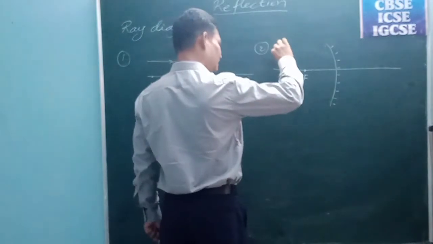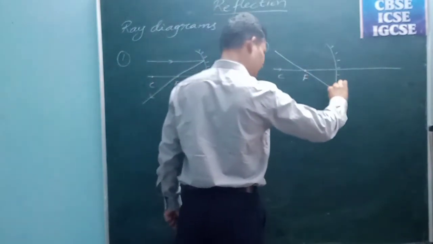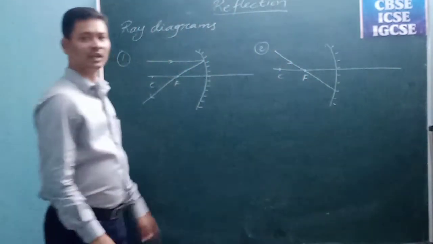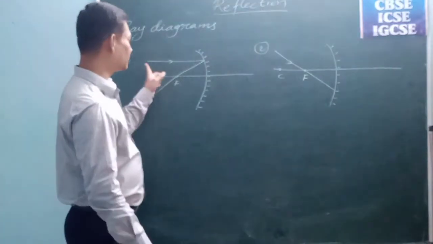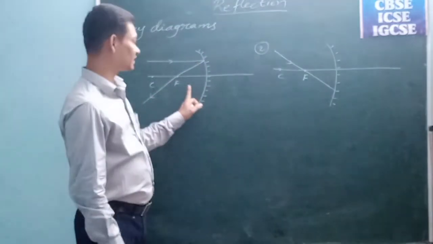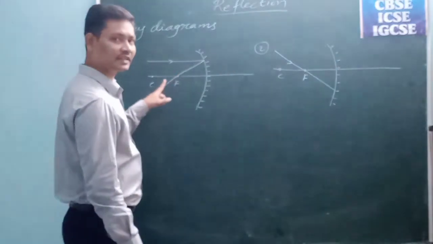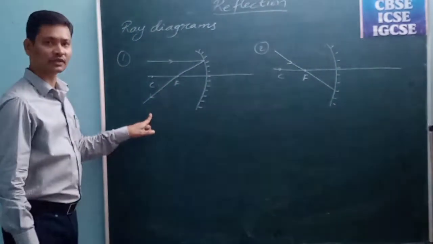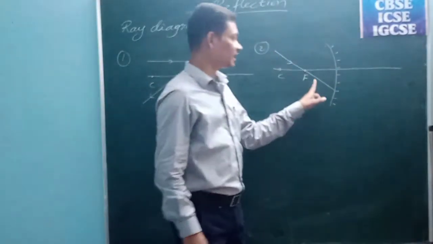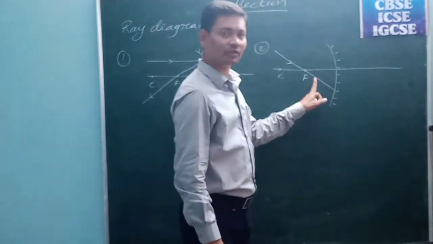If the light ray is passing through the focus itself, that is incident ray. Here the incident ray is parallel to the principal axis and the reflected ray is passing through the focus. Here the incident ray is passing through the focus point.